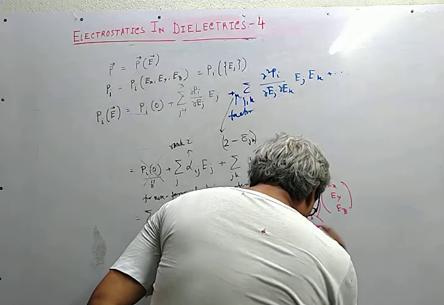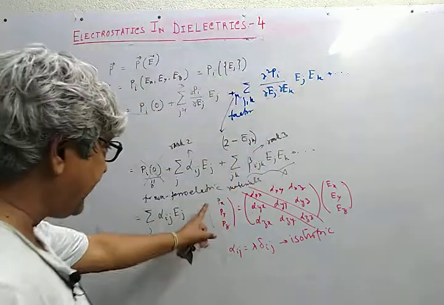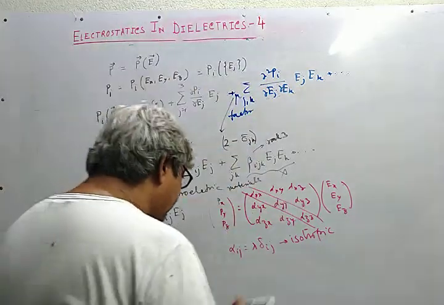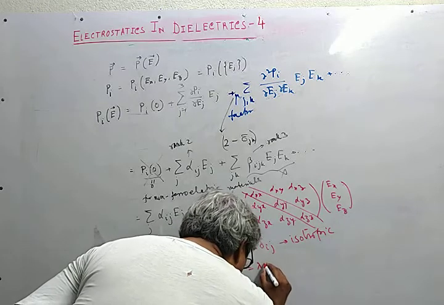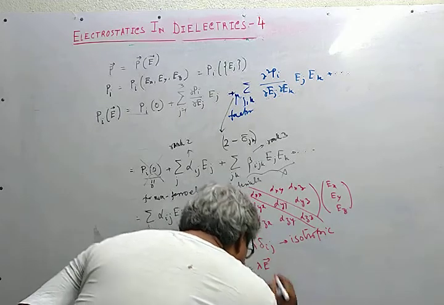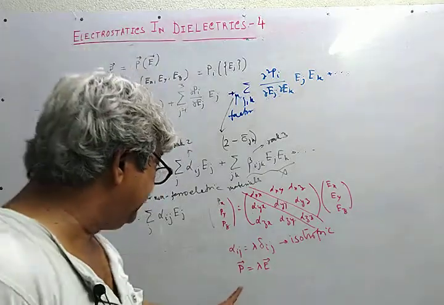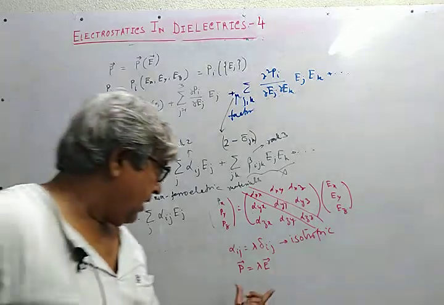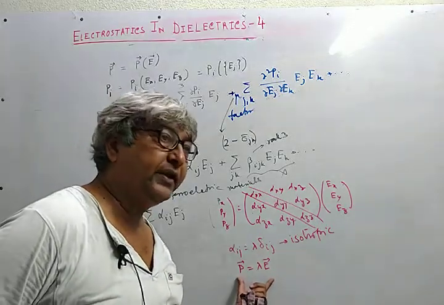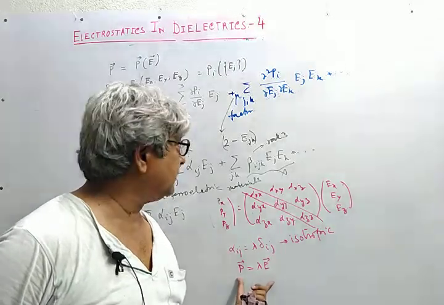The medium is called isotropic, and in that case the P vector is related to the E vector through a constant lambda. In that case P is proportional to E and P is collinear to E. But remember, this relation holds for a very special type of material called isotropic material.